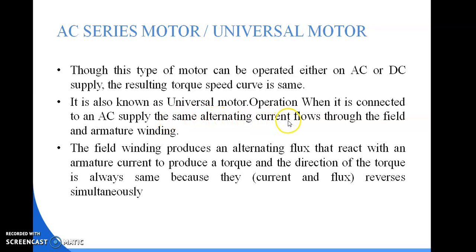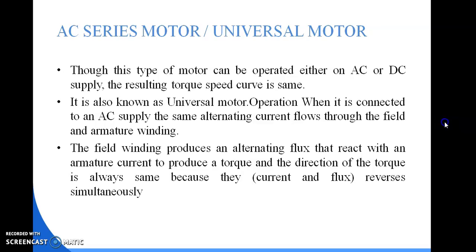The same electric current flows through the field and armature winding, and the field winding produces an alternating flux that reacts with the armature current to produce a torque, and the direction of the torque is always the same because both current and flux reverse simultaneously.